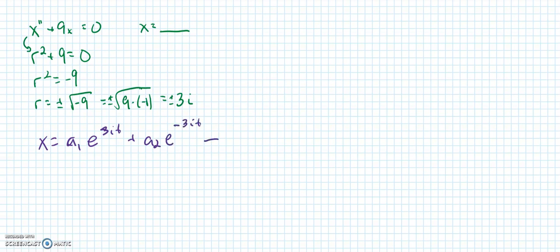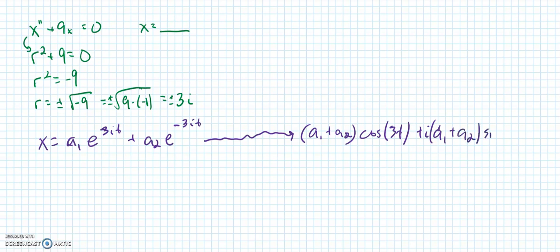And then we would do a whole bunch of work with Euler's formula and get down to the spot where we would have A1 plus A2 times cosine of 3t plus i times A1 plus A2 sine of 3t.